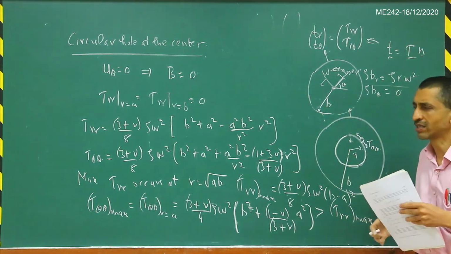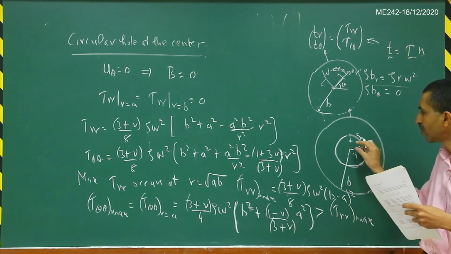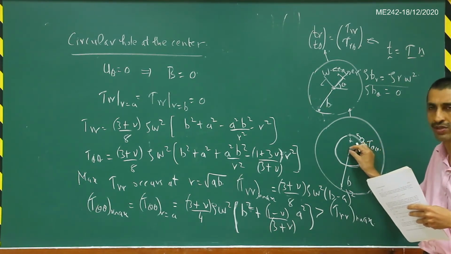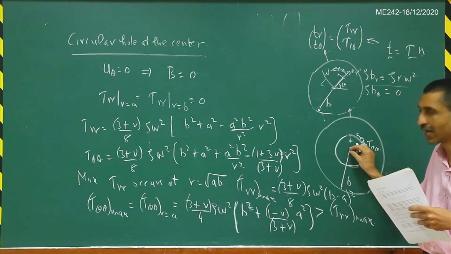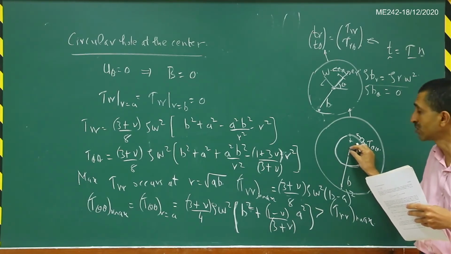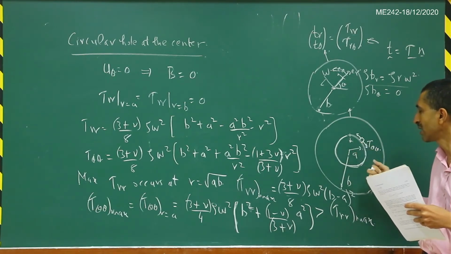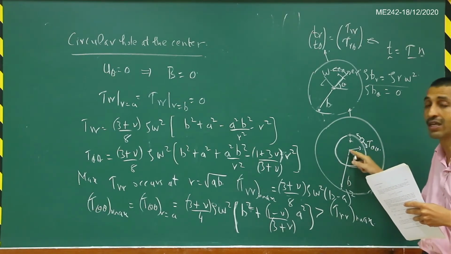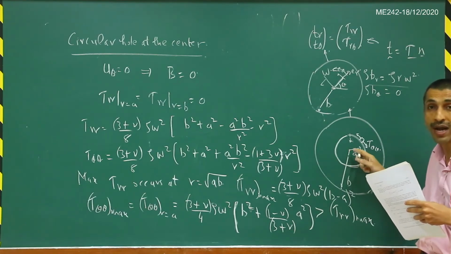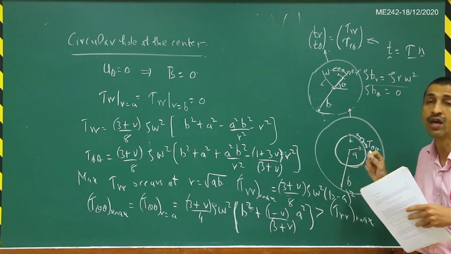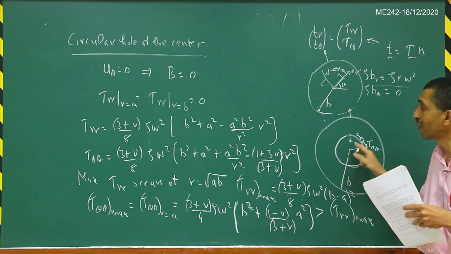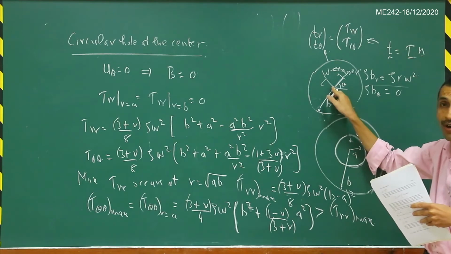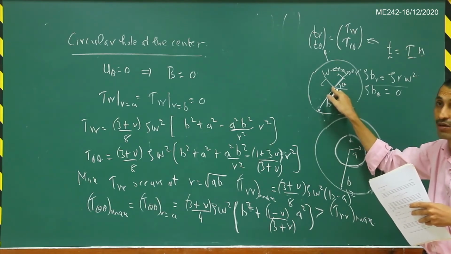I somehow don't agree with that, because no matter how small your hole is, even if you shrink the hole to a very small size, the boundary condition still is tau r equal to 0 at r equal to a, no matter how small you make the hole. So that boundary condition is going to be different than that for a solid disk, because there tau r and tau theta theta are not 0 at the center.